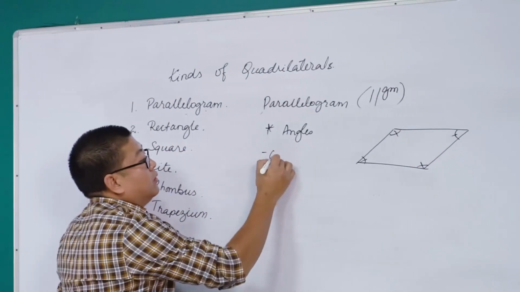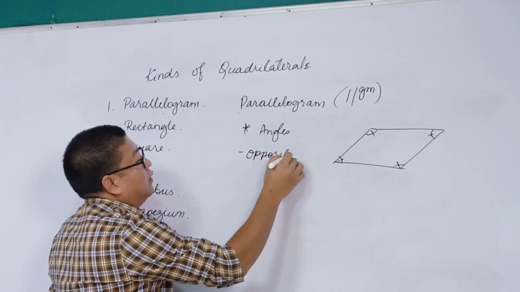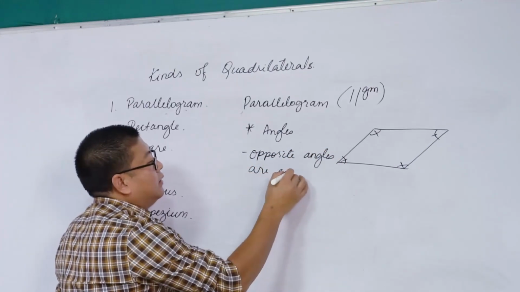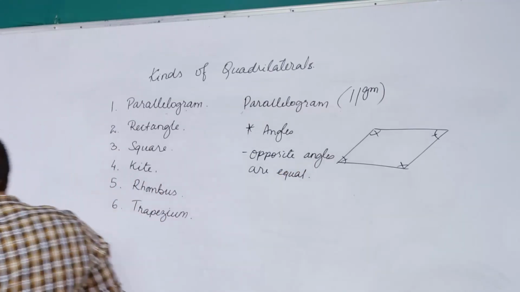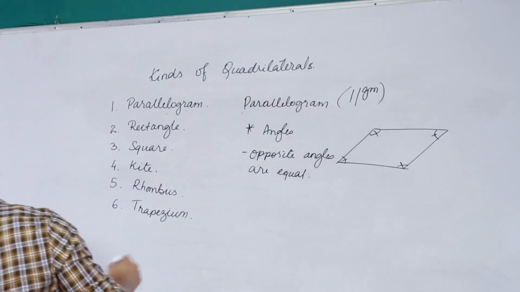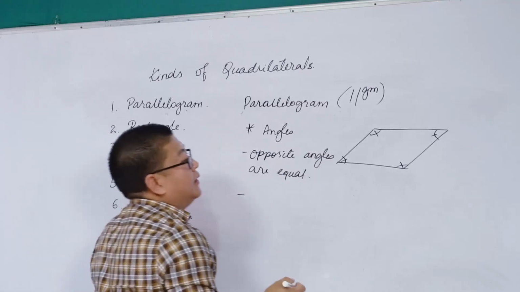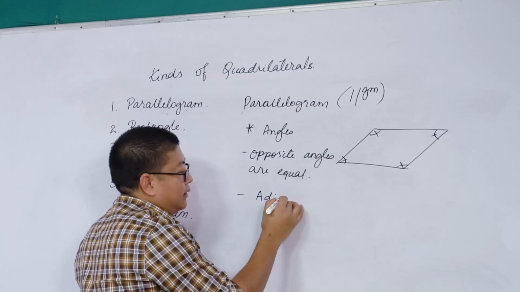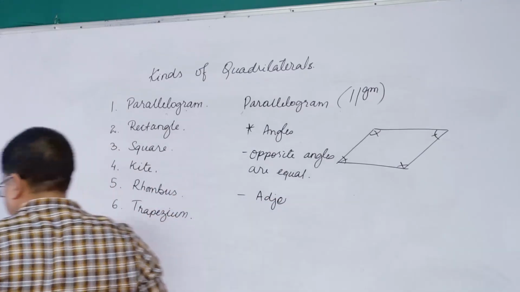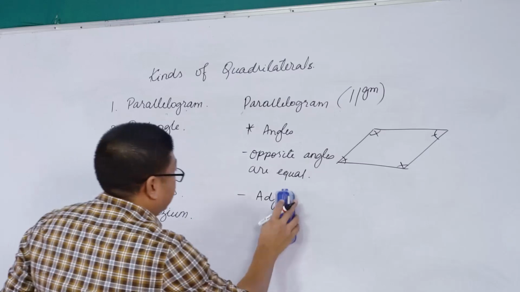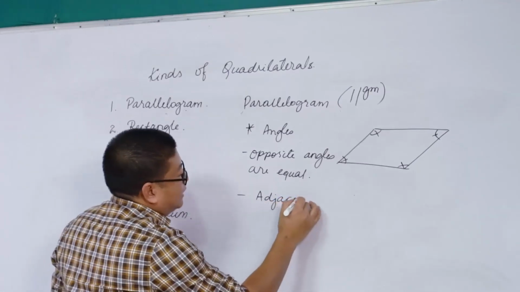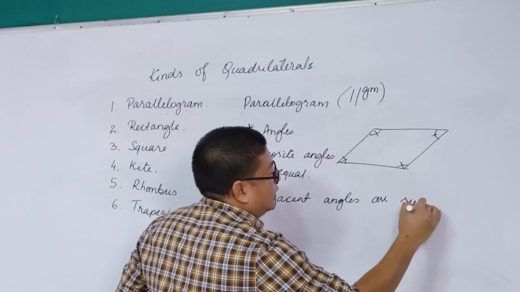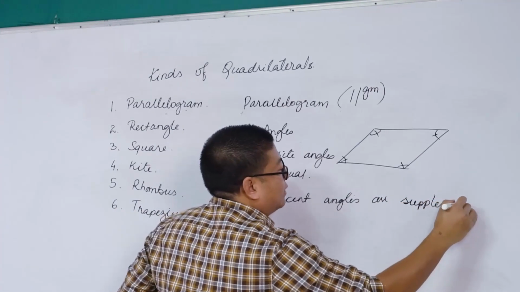Now, this is the first part: opposite angles are equal. All right. Now, the second part, adjacent angles are supplementary.